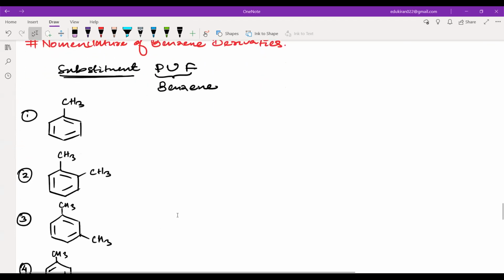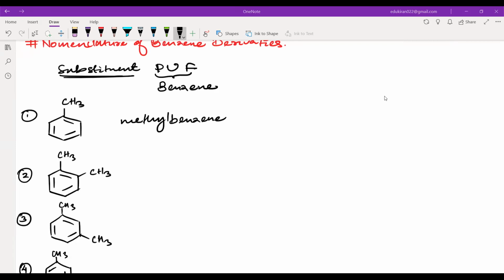What is the substituent in the first question? Methyl. Yes, methyl. So this will be just methyl benzene. What about the second?